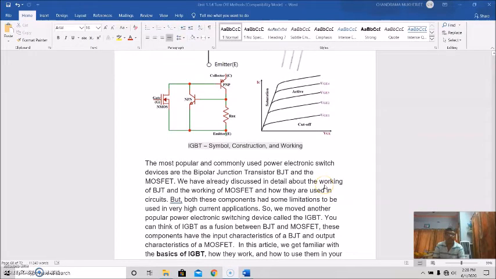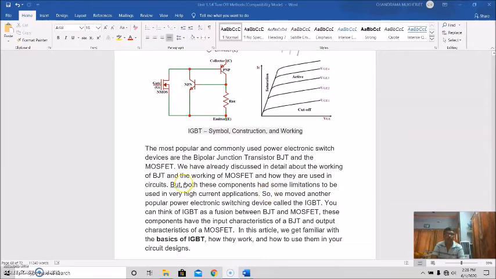This is a most popular and commonly used power electronics switching device. Basically you have already studied bipolar junction transistors and MOSFET, metal oxide field effect transistors.